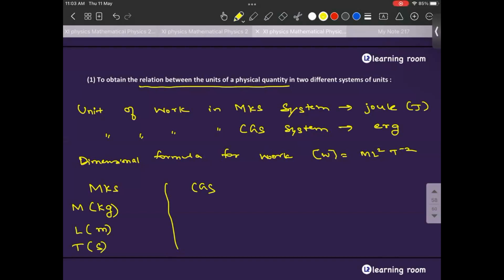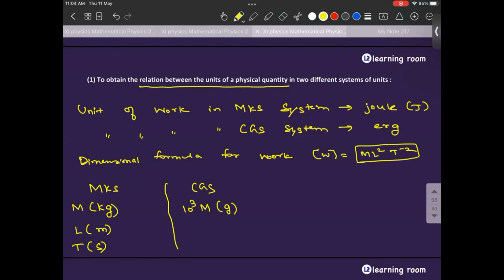Why did I take these three quantities? Because this equation is clearly telling me that work is dependent on these three physical quantities. So if I write the same thing in CGS units, I can write this as 10^3 times mass, because in the CGS system mass is measured in grams, and 1 kilogram is 10^3 grams.